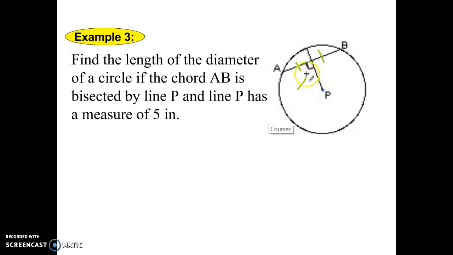Notice our right angle mark here. It's also bisecting line AB. So therefore, P must be our radius, which is 5. If we were to extend it the whole way across, our diameter would be 10.